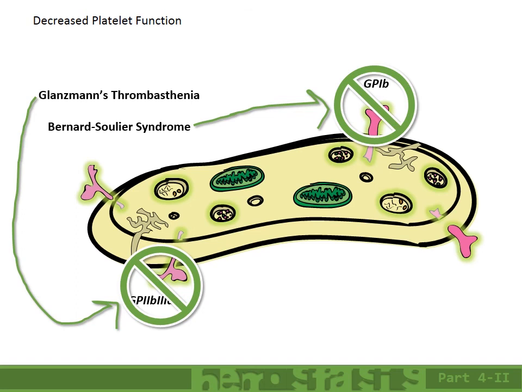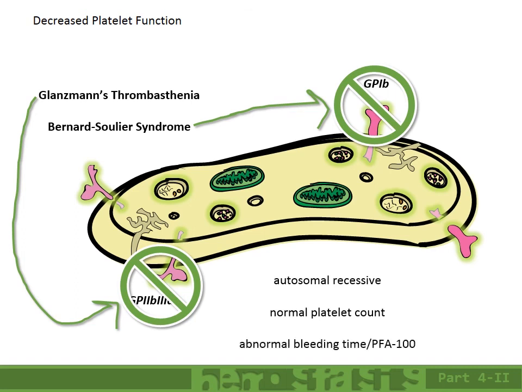Now, both of these diseases are rare, inherited in an autosomal recessive fashion, and manifest in laboratory studies with a normal platelet count, but abnormal bleeding time and or PFA-100, whatever test is used.